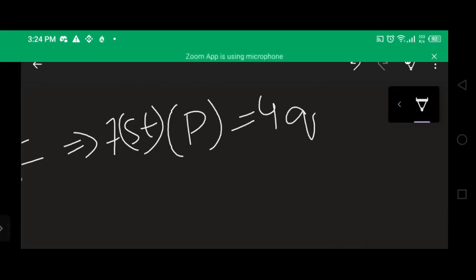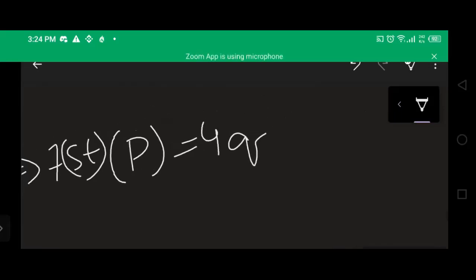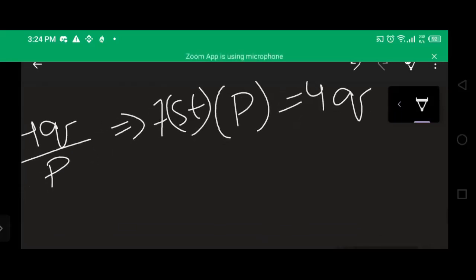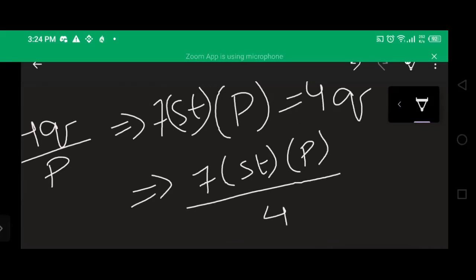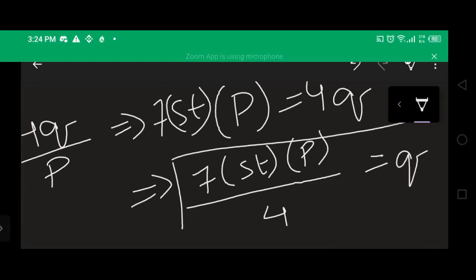And then over 4, divide both sides by 4. Yes, exactly.